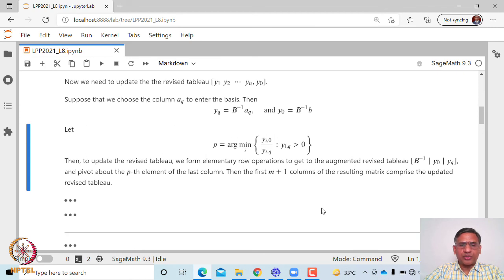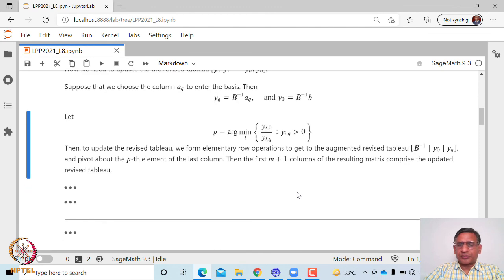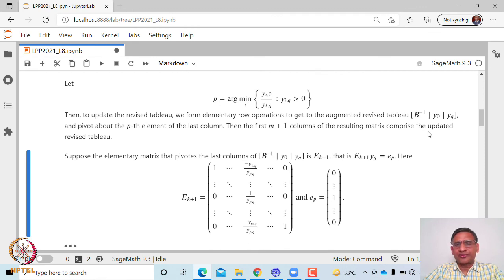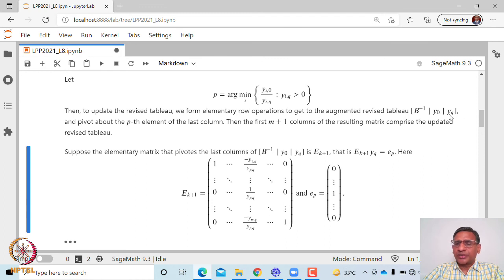Okay, so when we pivot, we are going to revise this matrix, or the simplex table in case we are making use of a simplex table. Now when you pivot, what do you require? The PQ entry you have to make 1, and the remaining entries in that column you have to make 0.